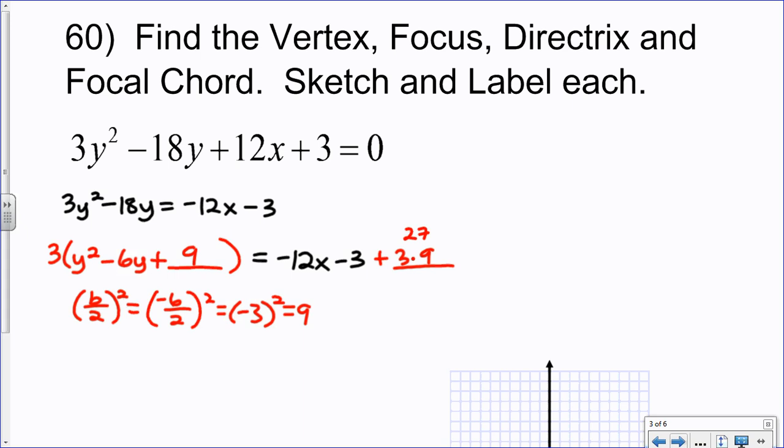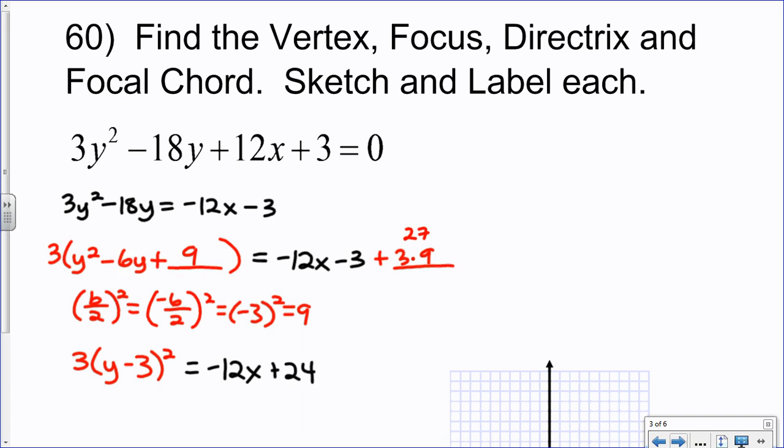Okay, so then my y's will factor. So I put my 3 out front, and then I have y minus 3 squared. Good. Equals negative 12x, and negative 3 plus 27 is 24.